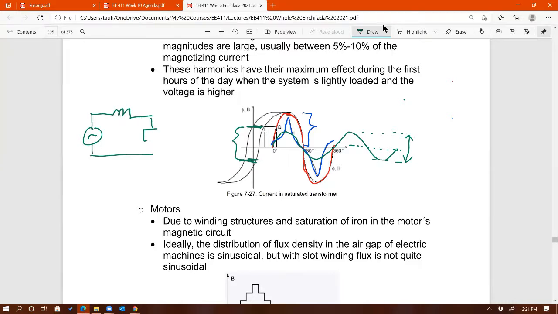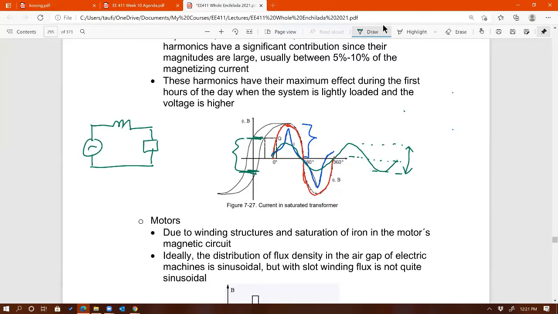If I simplify the equation, this is the load right here. Let's say this is 120 volts. This is not 120, this is larger than 120.